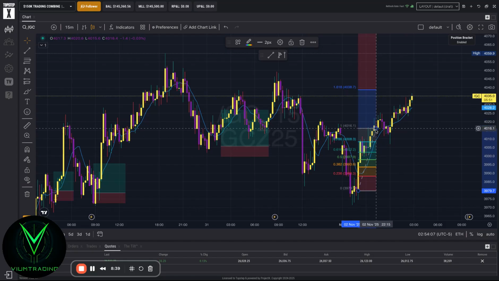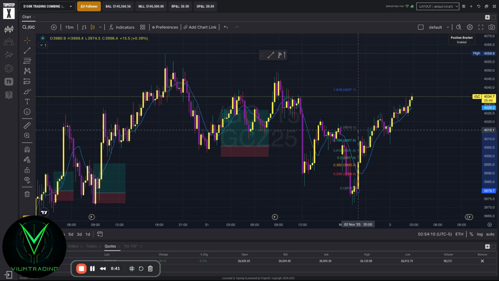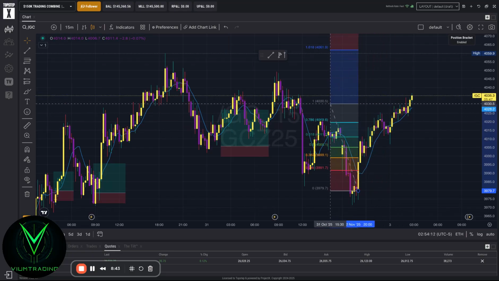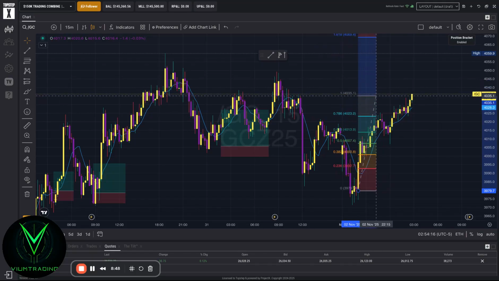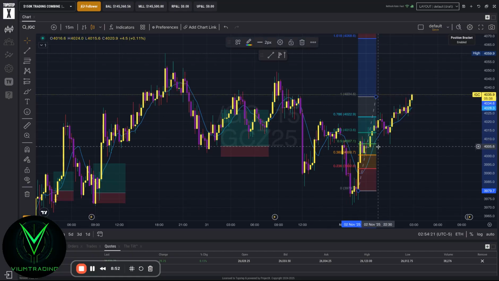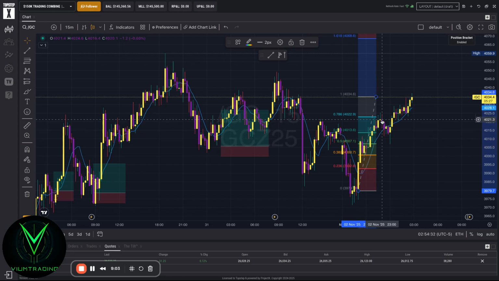So then after I see the market start pushing up, start creating a structure, I go, okay, maybe the market is going to go to this level over here, right? You guys can see here after the market breaks the 0.5 Fibonacci, and it hit like 0.7, the market comes back down and retests the 0.5 level.